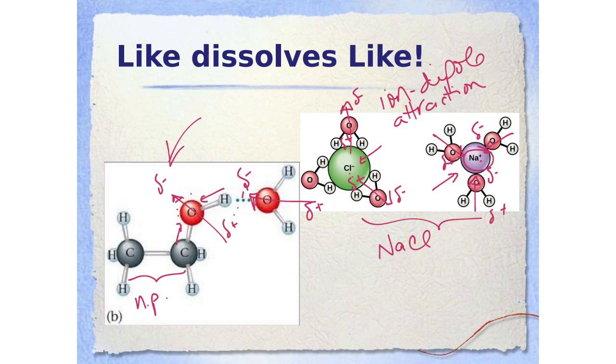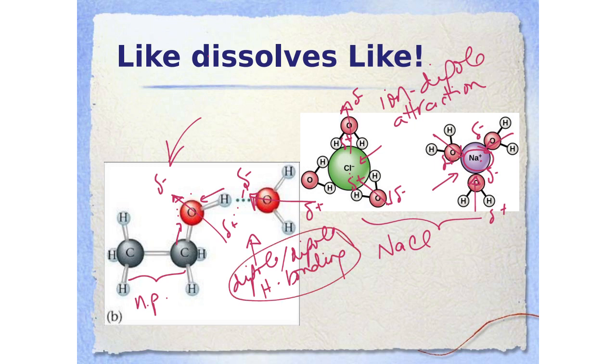And this is where you get this attraction between positives and negatives. You also get hydrogen bonding here. Okay, so be aware of all these things that we learned with IMFs. You'd have dipole-dipole attraction. And in this case, you also have hydrogen bonding. So if needed, make sure that you go back and review those.